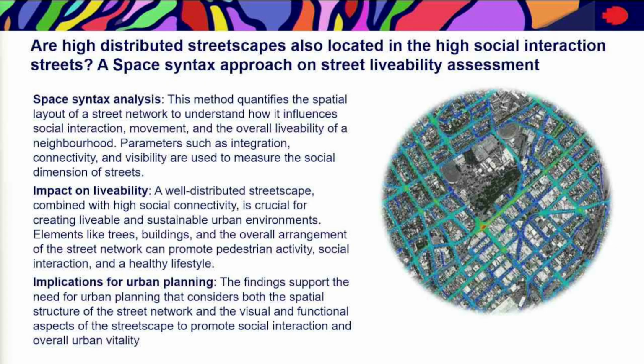Then, combined with the percentage of the tree, percentage of the sky, percentage of the building, we try to understand in this city which street, the distribution of the streetscape, aligns with the social interaction, which street is more connected to other areas, or more integrated with other areas, or more visible for the pedestrians or citizens.